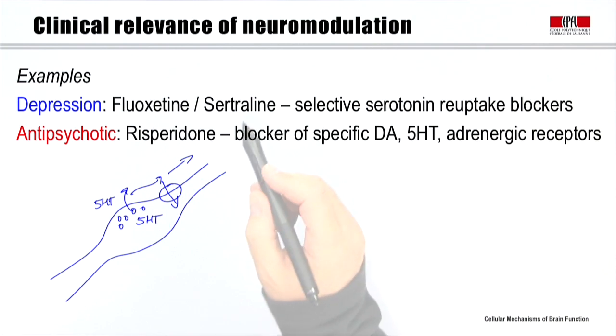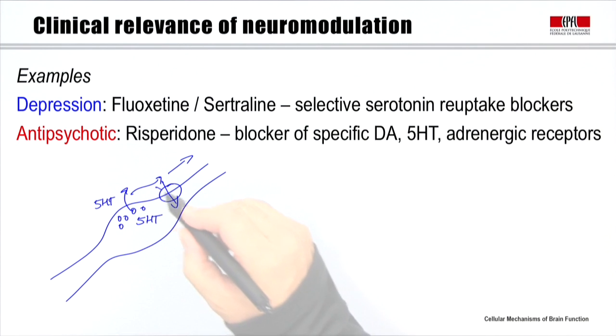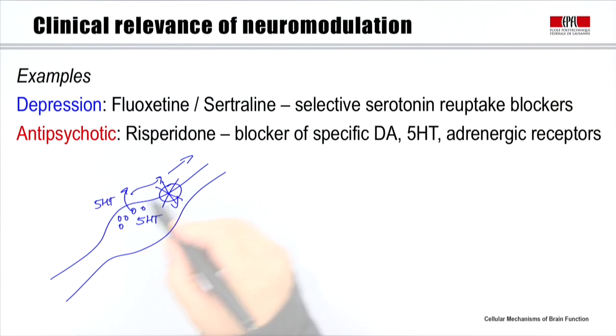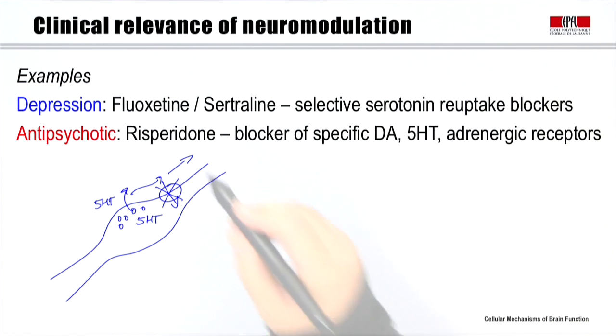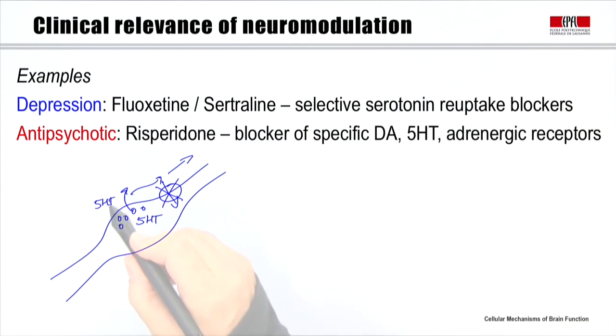And what fluoxetine and sertraline do is that they block that reuptake machinery, and that then allows the 5-HT to diffuse further and reach higher concentrations. And so fluoxetine has its major way of action to increase serotonin in the extracellular space by blocking the reuptake. And it turns out that fluoxetine has been very successful in countering depression and anxiety.